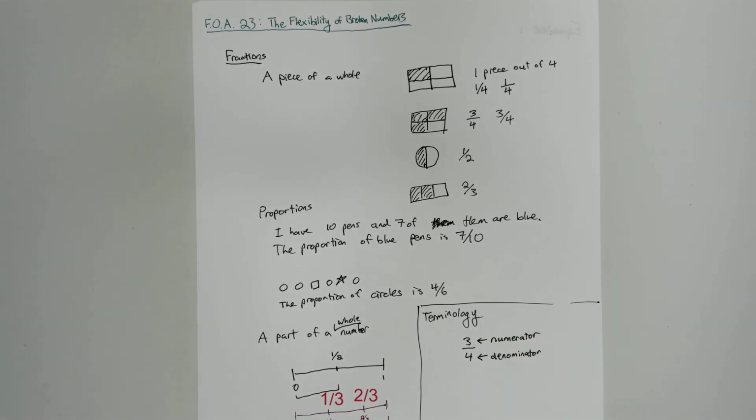So in this situation, we'll say that the numerator of this fraction is 3, and the denominator of this fraction is 4. So these are 2 different pieces of the fraction, and it just gives us some words that we can use to refer to the fractions, to discuss them. So keep that in mind, and I'll be using these words moving forward.